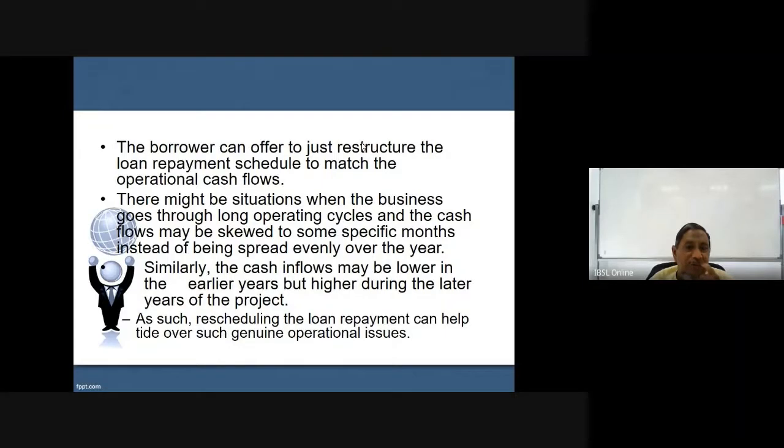The borrower can offer to restructure the loan repayment schedule to match the operational cash flow. There might be a situation where the business goes through long operating cycles and the cash flows may be skewed to some specific month instead of being spread evenly over a year.